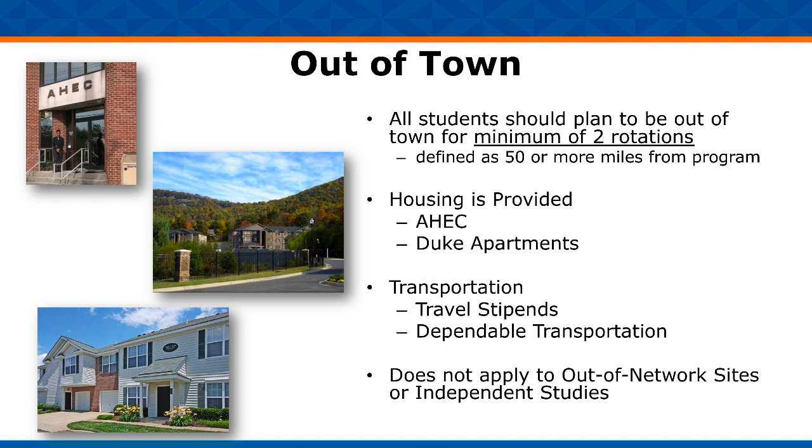Typically, most students on out-of-town housing are placed within what we call the AHEC housing, which is the Area Health Education Centers of North Carolina, which are a very close partner and supporter of our clinical training programs here. We also maintain 2 apartments, one in the Asheville area and currently one in the Williamsburg area for students.